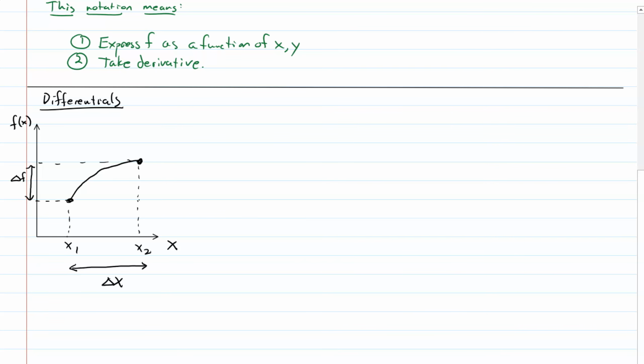Let me draw here a tangent line, straight, something like this. So this is going to be the tangent line to the curve at the point x1. And that means that the slope of this is equal to the derivative f prime evaluated at x1, right?